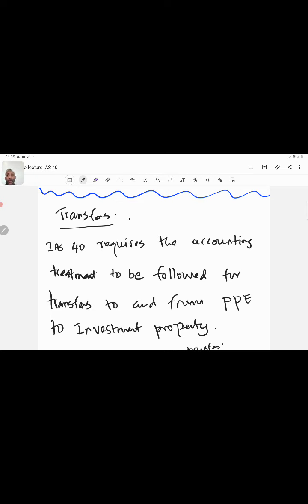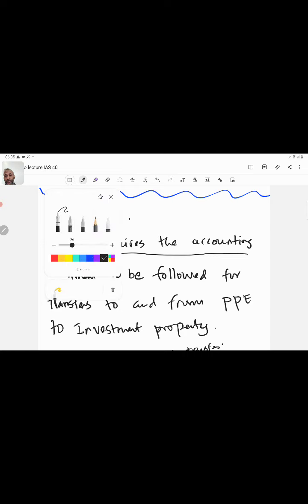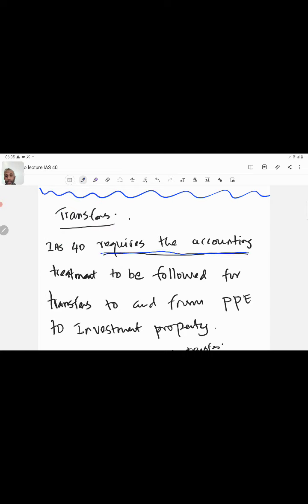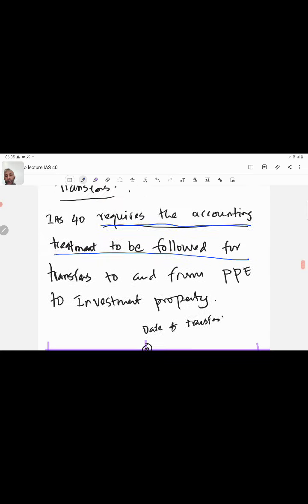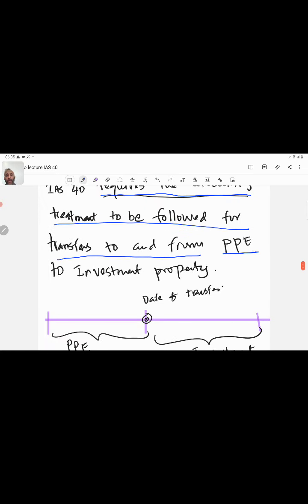So this exercise is known as transfers. IAS 40 requires the accounting treatment to be followed for transfers to and from property, plant and equipment to investment property.